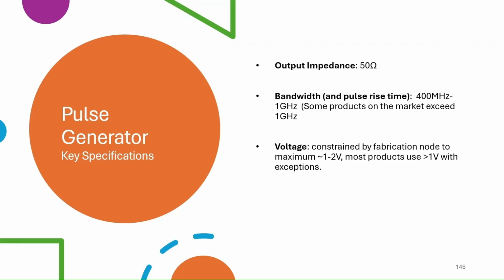For that, the sampling we were talking about matters, because we are only collecting 120 kilohertz. And the voltage used: the maximum is 1-2 volts. Most products use a bit more than 1 volt, with some exceptions.